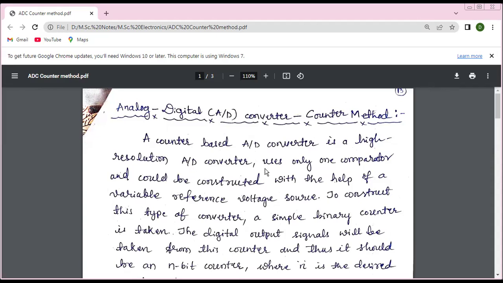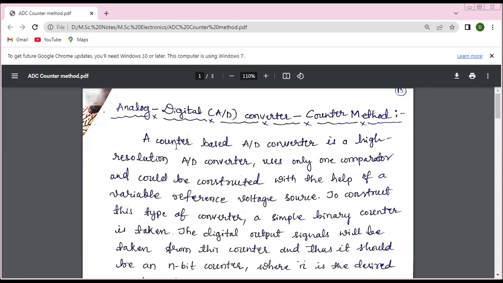So a counter-based analog to digital converter is a high resolution analog to digital converter. High resolution means the capacity to convert even a very small signal voltage. Anyway, I'm going to explain it in detail later.